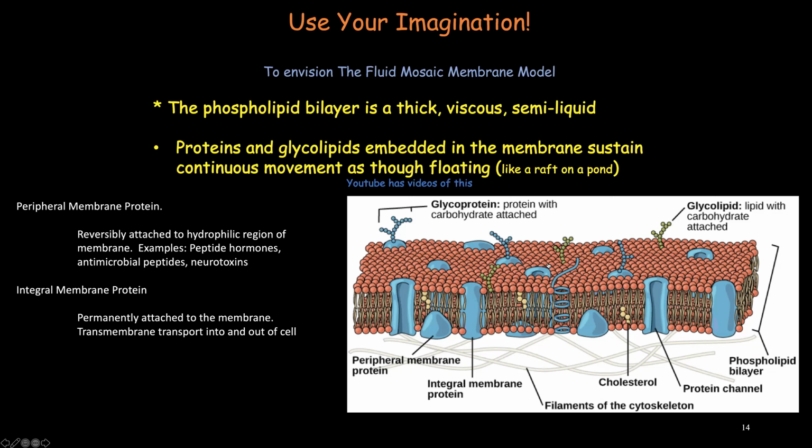So the membrane is sort of undulating, moving up and down, and the things embedded in it are constantly moving around. And we're going to talk in a minute about what the real purpose of a membrane, aside from separating the outside from the inside, is: to allow certain things to pass through.